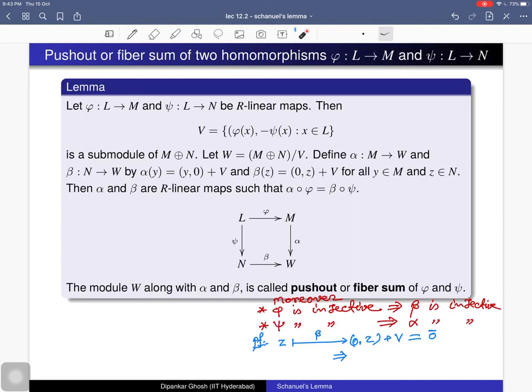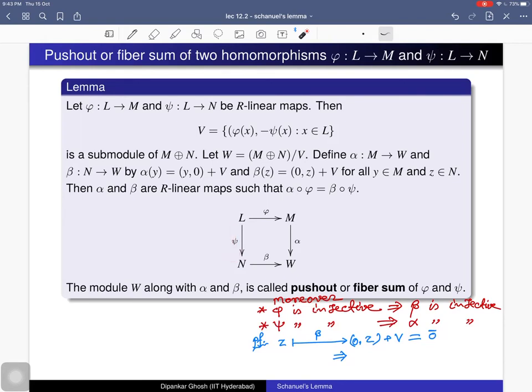Suppose you have three R modules, let us say L, M and N, and from L to M you have a module homomorphism, let us say it is phi, and from L to N you have a module homomorphism, let us say it is psi.